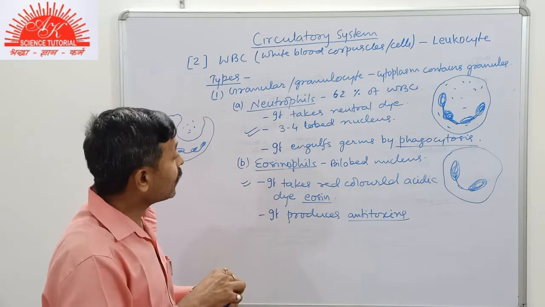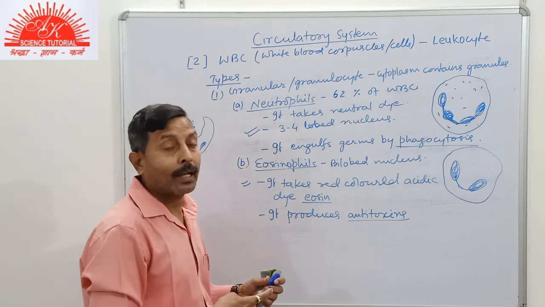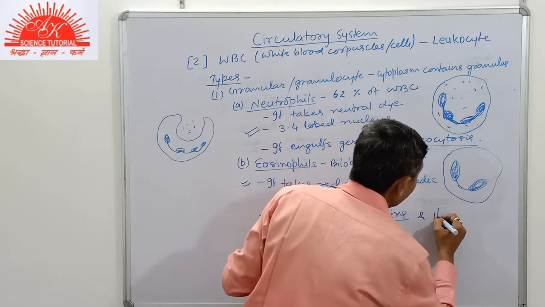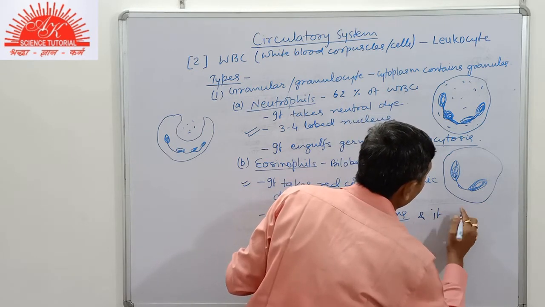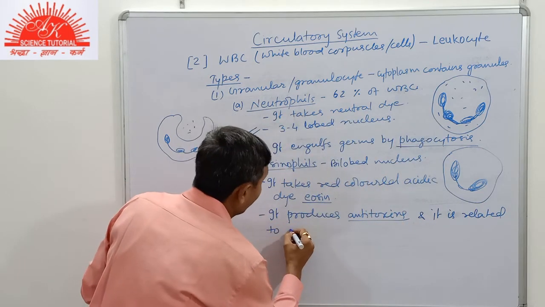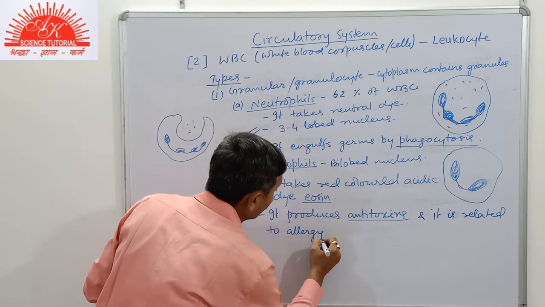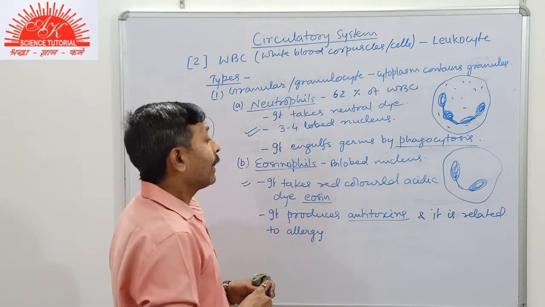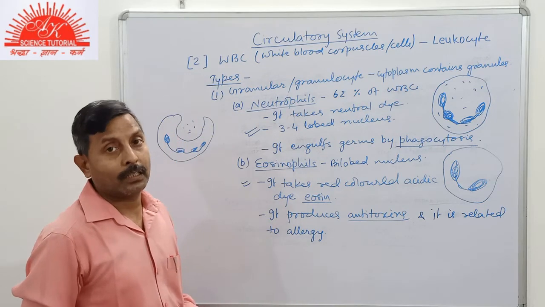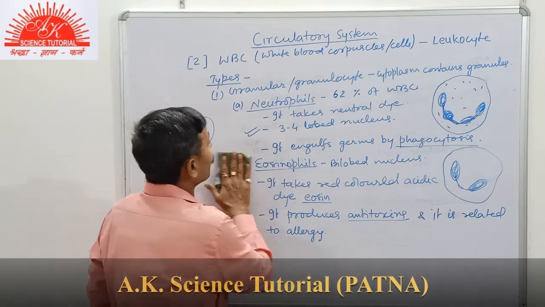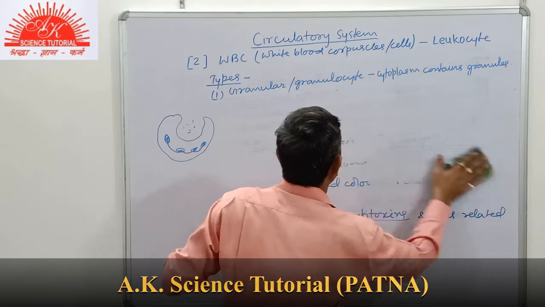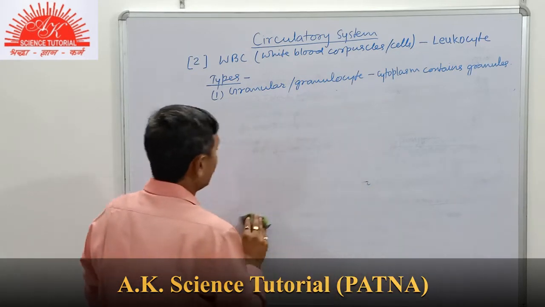So they produce antitoxin as well as, and it is related to allergy. That is, in case of allergy, the eosinophil count is increased. Clear, student? So this was the second type of WBC, granulocyte or granular WBC.